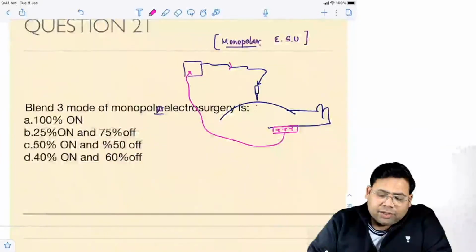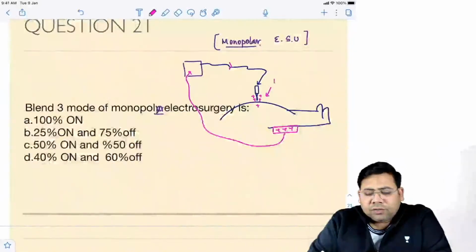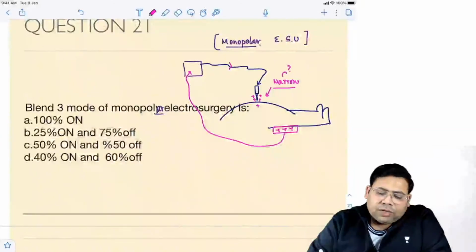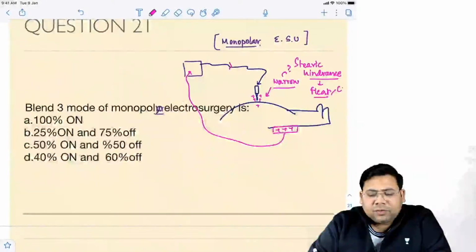If you see, this is a pointed electrode. Importantly, the patient electrode is broad, but the surgeon's electrode is narrow. Why is it narrow? So that you can have the steric hindrance, and when there is steric hindrance, this is going to generate heat, and this heat is going to produce the cut and seal phenomena.